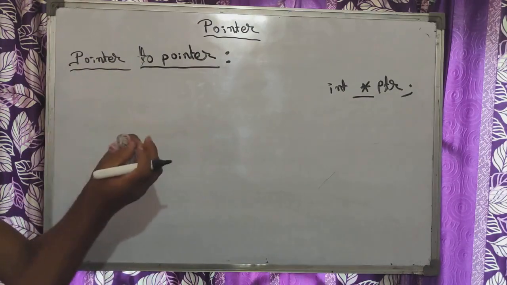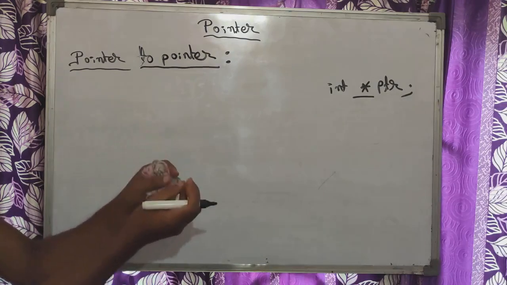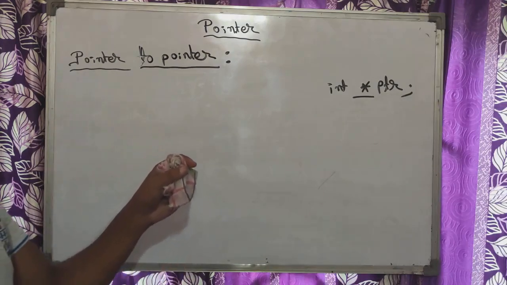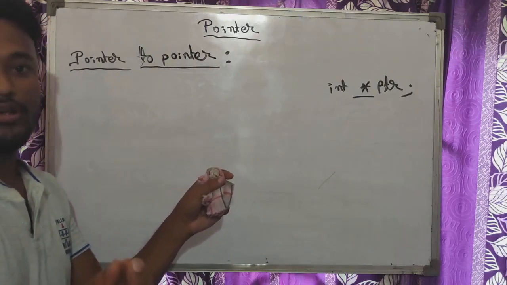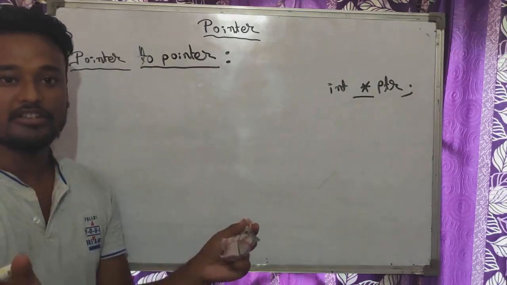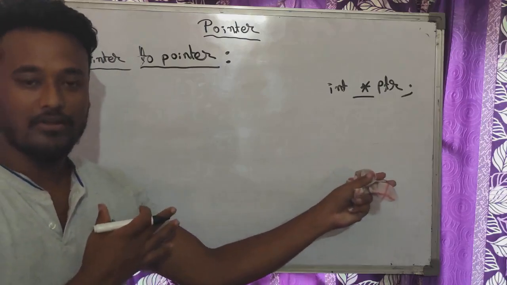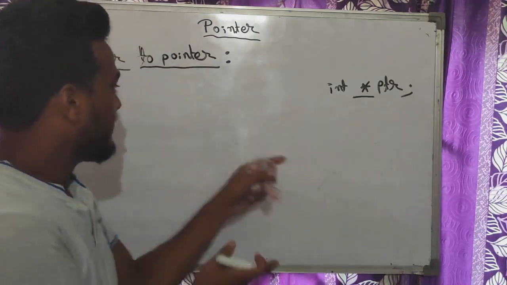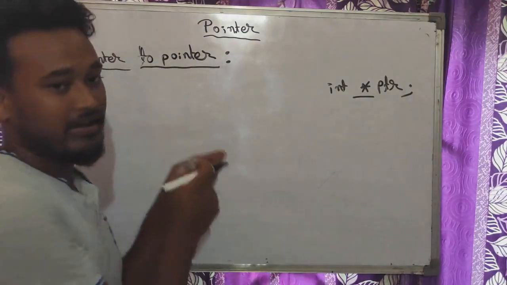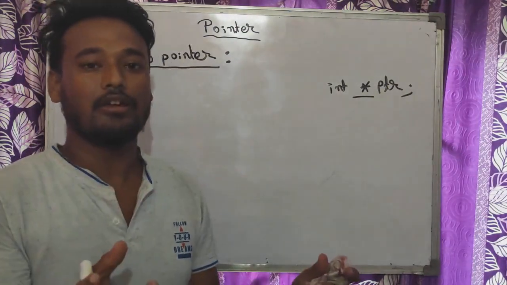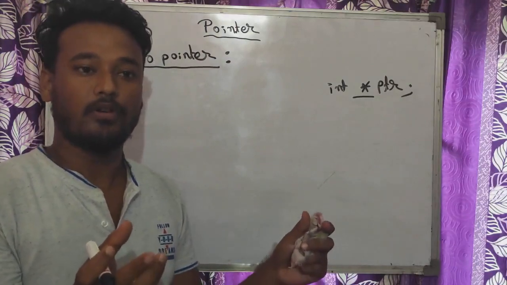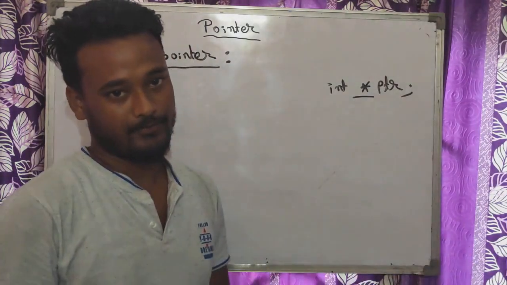That means one pointer will hold a memory address, and at that memory address another pointer will be there, which also will hold a memory address. So this is two dimensions. In short, we have already learned the two-dimensional array. This pointer to pointer is mainly used for two-dimensional arrays.